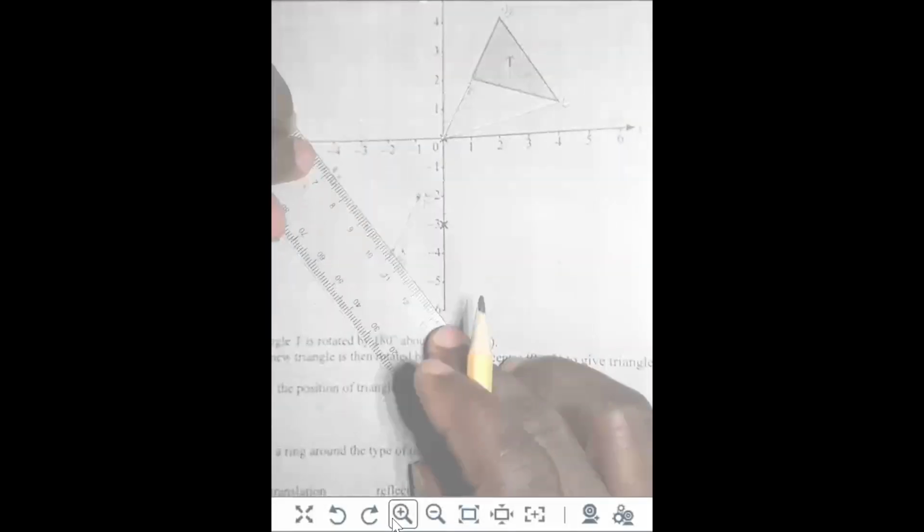Let me label it. This will be point C prime now. So I have my 3 points now: A prime, B prime, and C prime. Let me join A prime and B prime together, like this. Then I have to join B prime and C prime, like this.